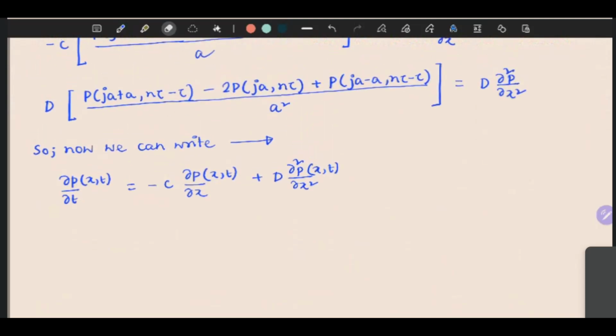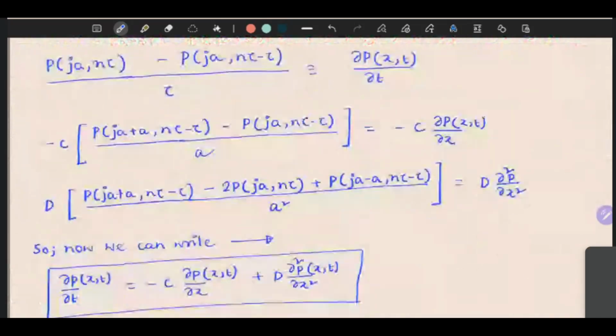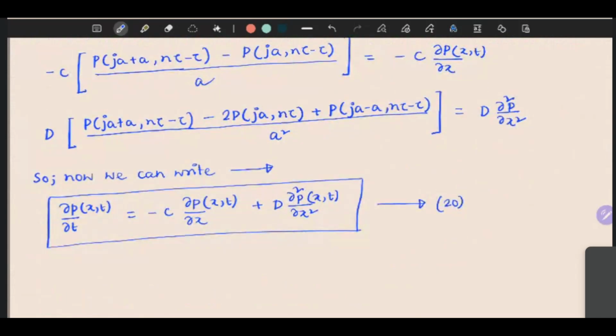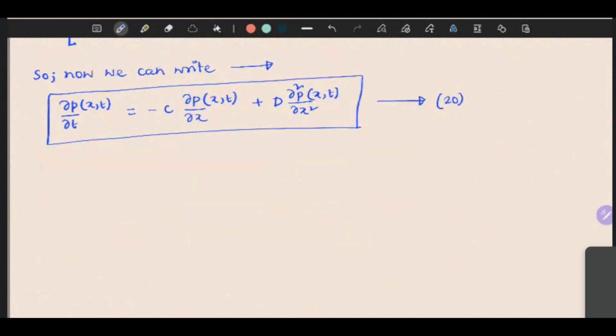Okay, so this famous equation, equation 20, is called the Smoluchowski equation.